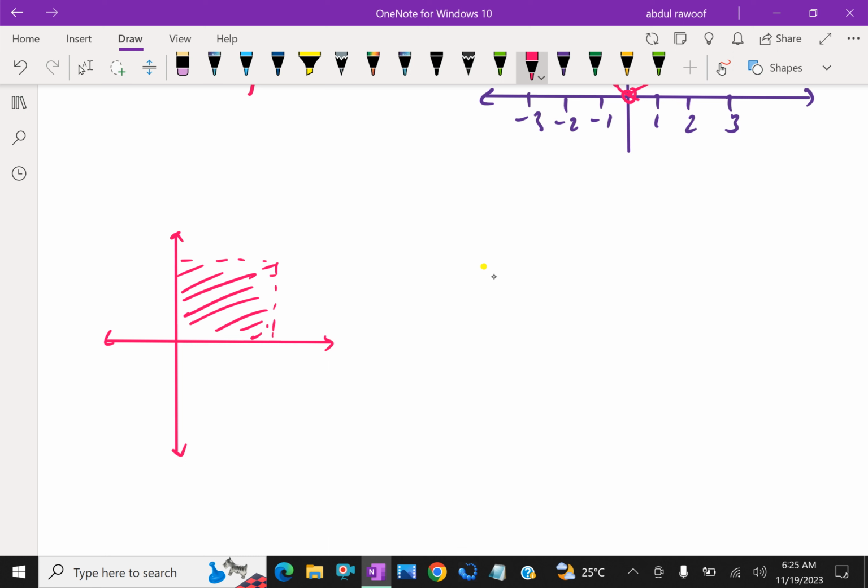What do you understand from this? Here, these points are always in the first quadrant.